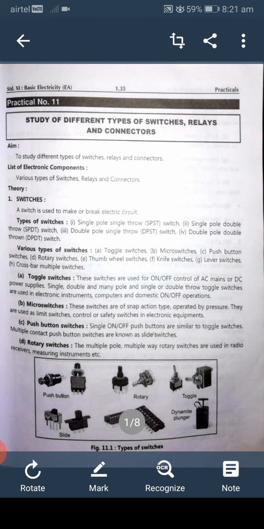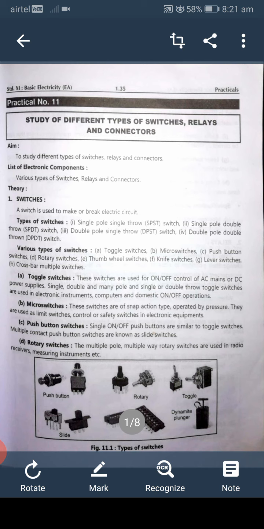Toggle switches, micro switches, push button switches, rotary switches, thumb wheel switches, knife switches, lever switches, crossbar multiple switches. Toggle switches.